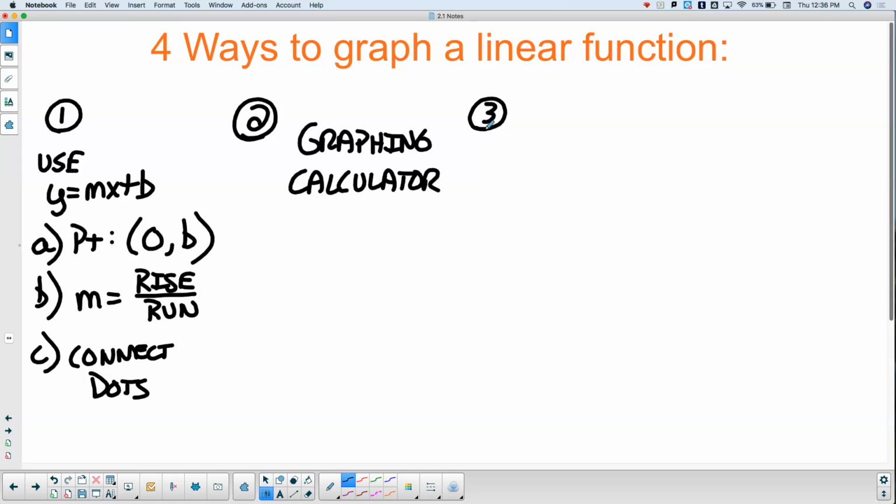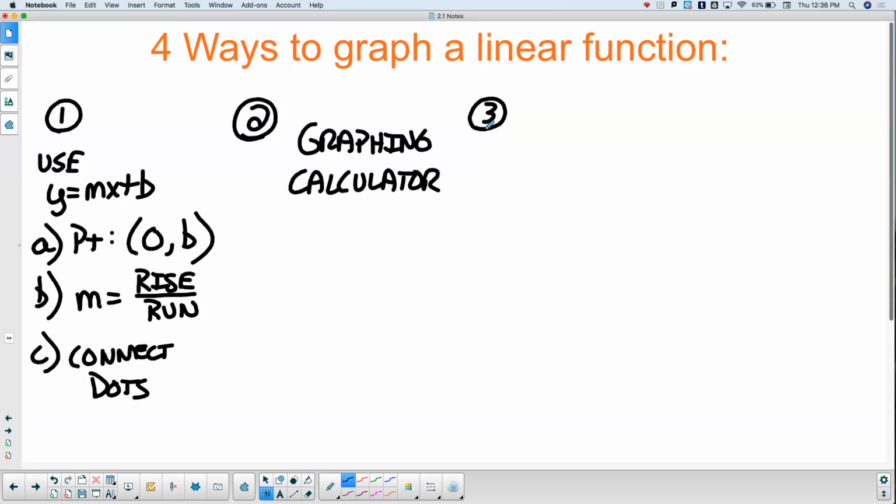Another way to graph a line, or any function for that matter. Two more. Gotta find two more. By the points.